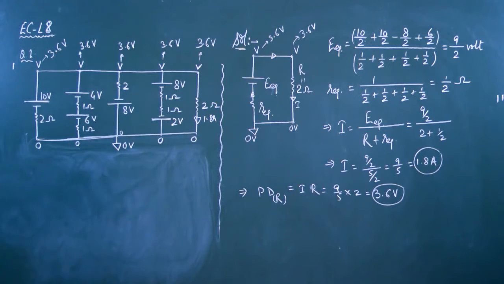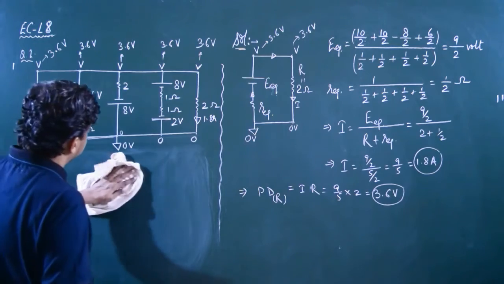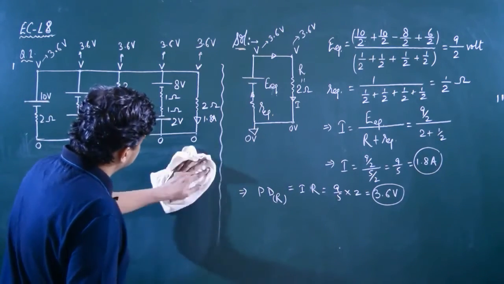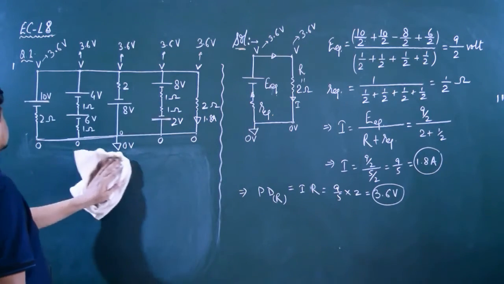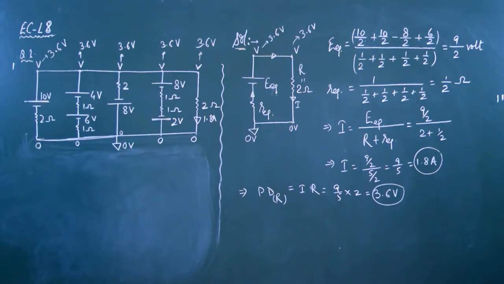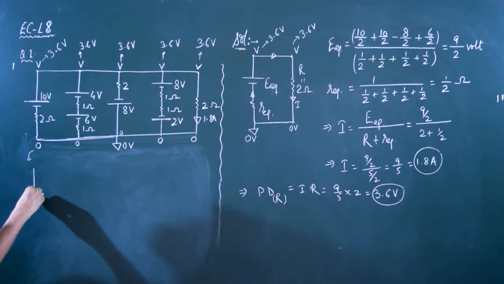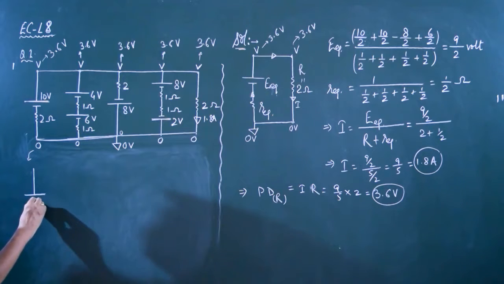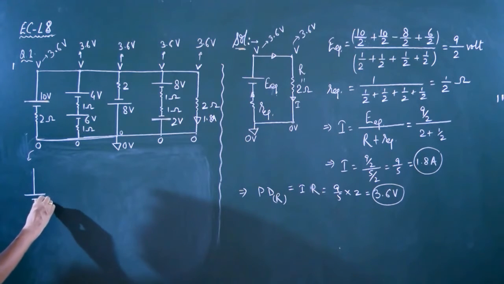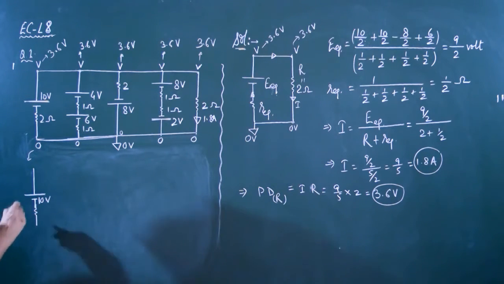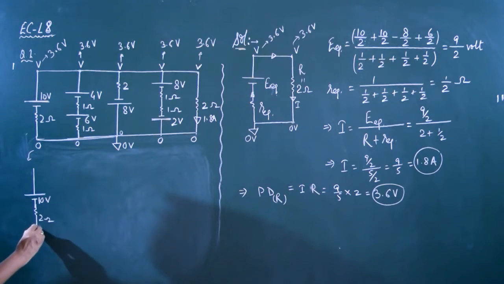Now see how can we get current here. Now separately we take all the arms. This arm we have, it is 10 volt. Internal resistance we have 2 ohm.